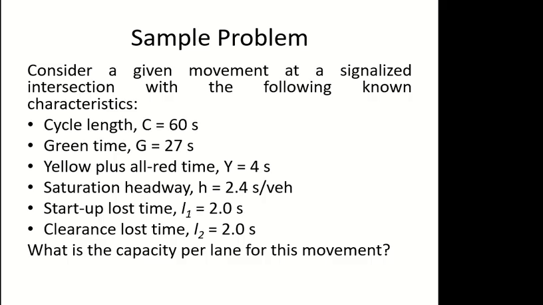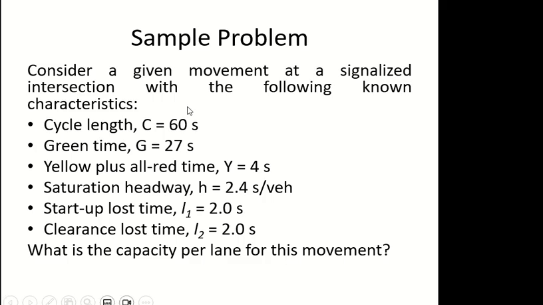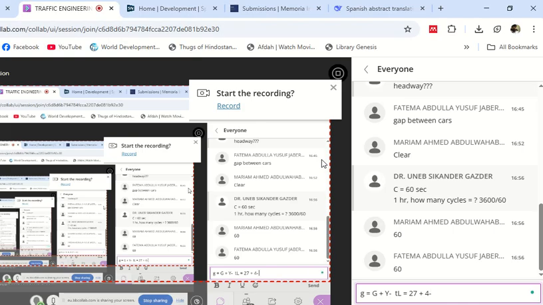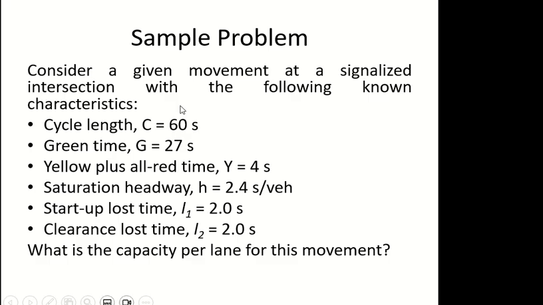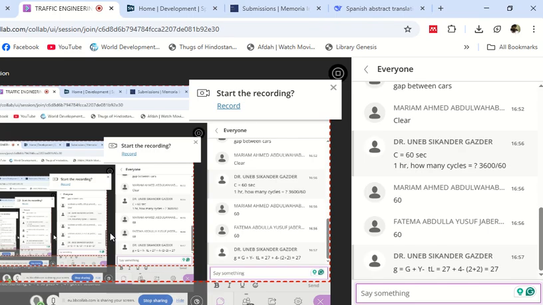They have given me green time 27, yellow and all red 4 seconds, and TL is total lost time. Total lost time is this plus this, 2 plus 2, which is 4. So 27 plus 4 minus 4, I get 27 seconds. So in one cycle, this movement gets 27 seconds of effective green.